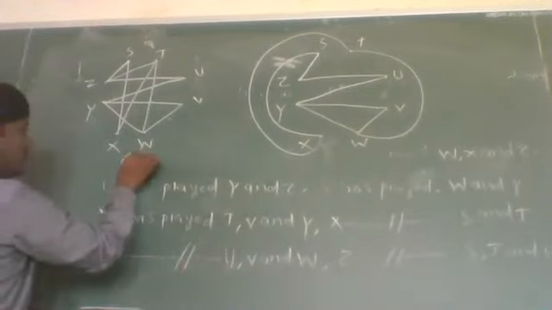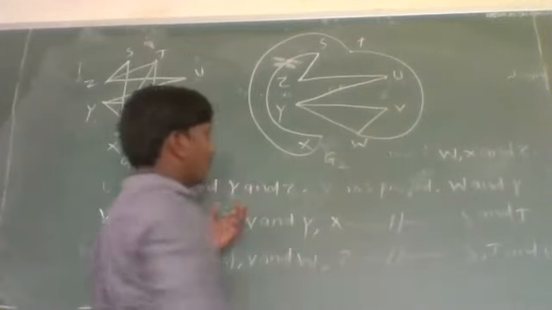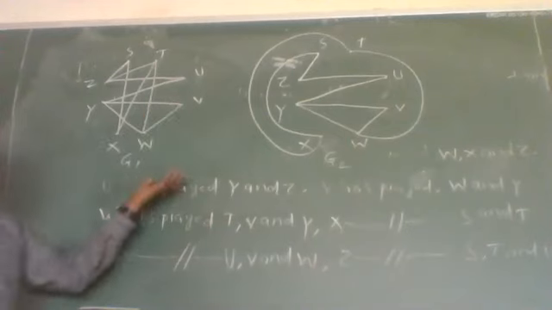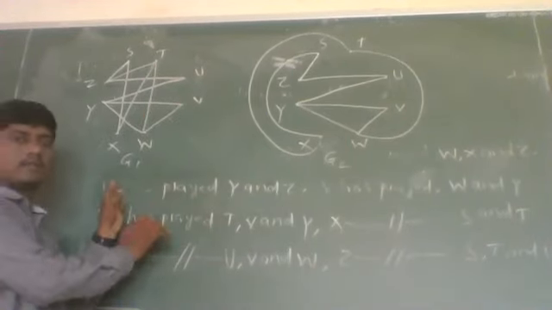This is a graph G1 and this is a graph G2. So there are two possible diagrams of this situation.